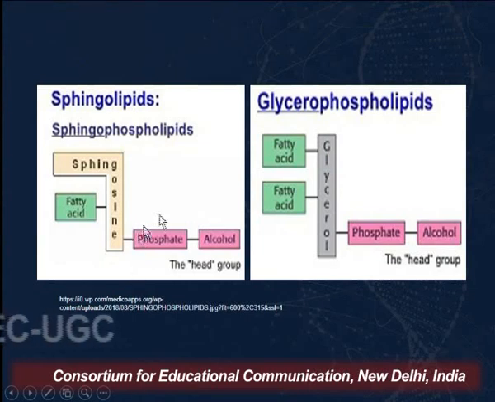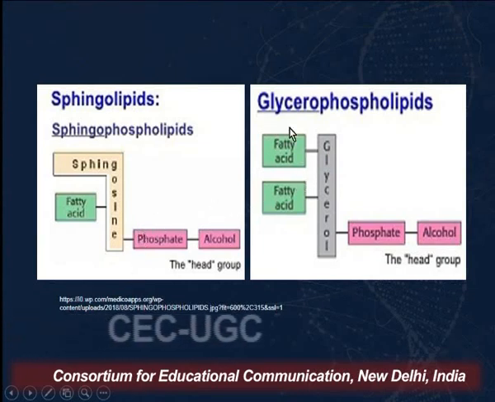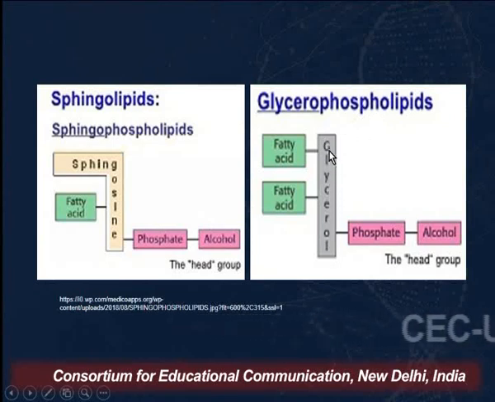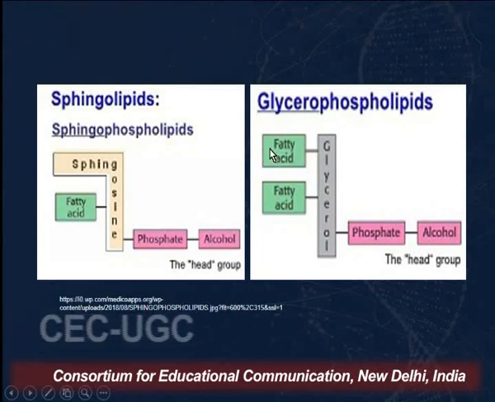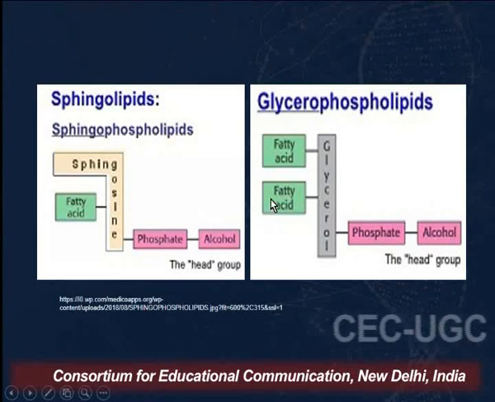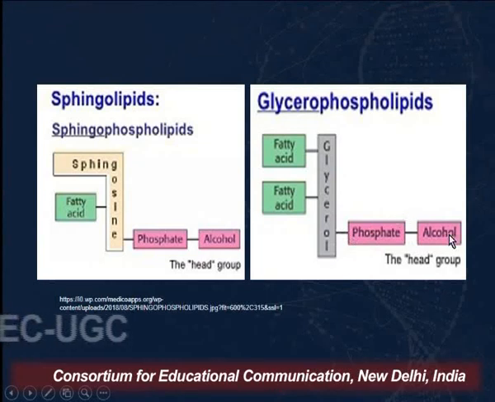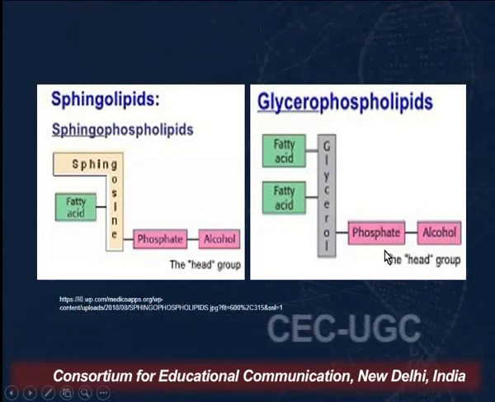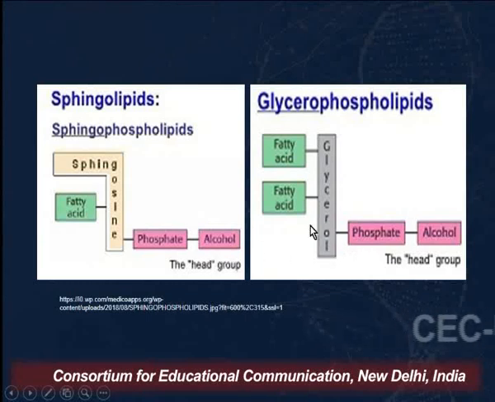Now if we compare the structure with glycerophospholipids, what we'll find in glycerophospholipid is that the first carbon is attached to a fatty acid, the second hydroxyl group is also attached to a fatty acid, whereas the third is attached to a non-nitrogenous base through a phosphoester linkage. So this is the difference between sphingolipids and glycerophospholipids.